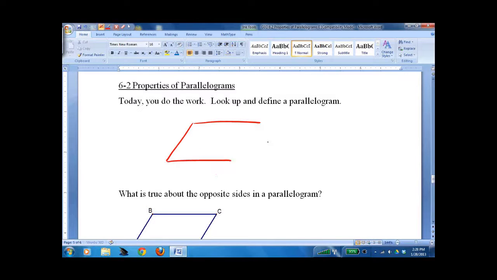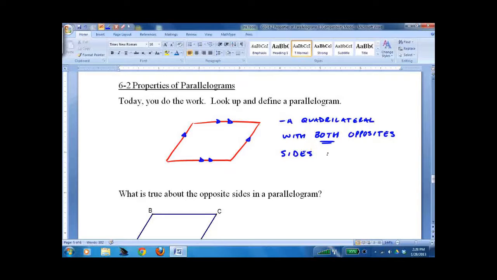Parallelograms are usually drawn like this, and it's a simple definition. It's a quadrilateral with both opposite sides parallel.